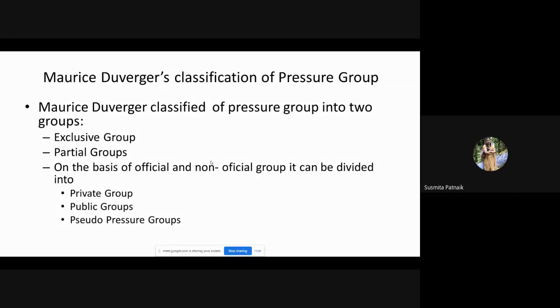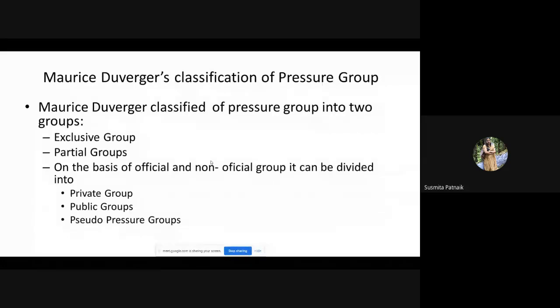On the basis of the first question, he classified the pressure groups into two categories. And these are called what? The exclusive groups and the partial groups.